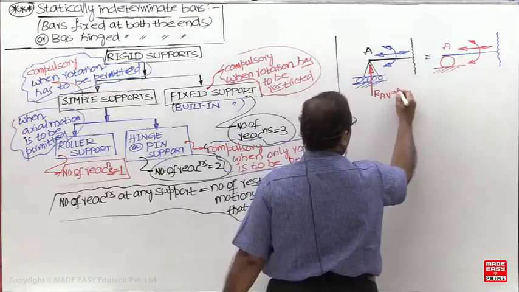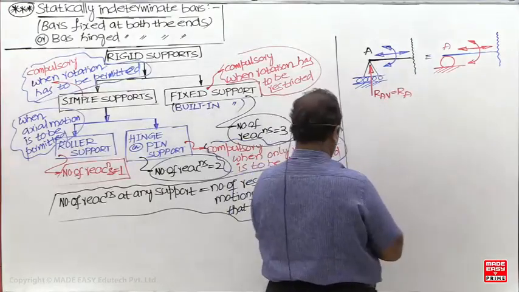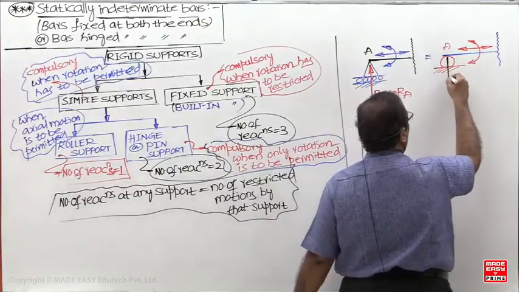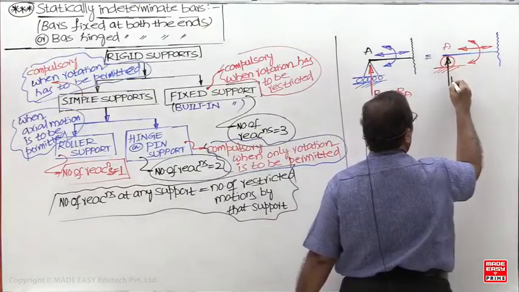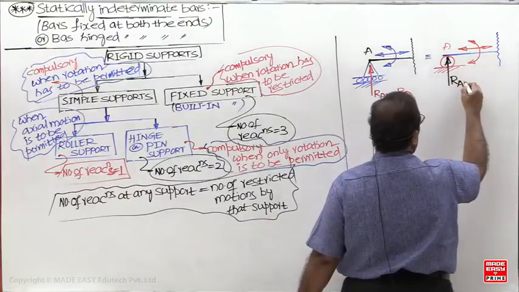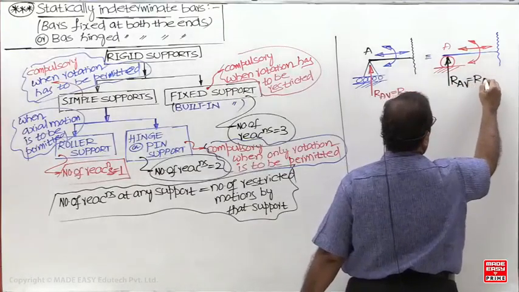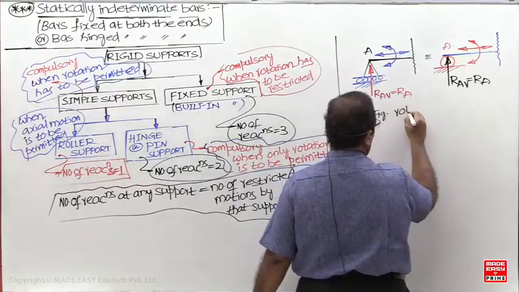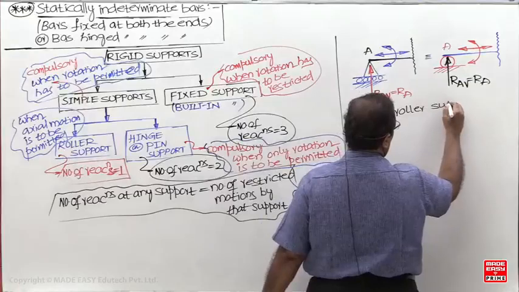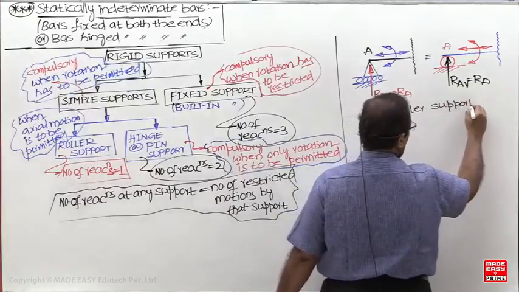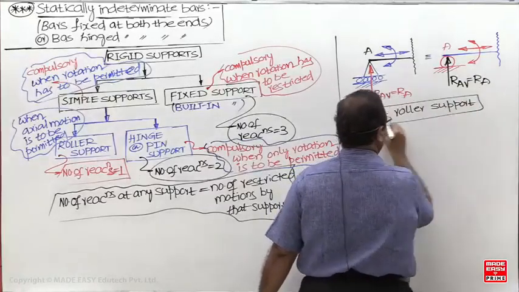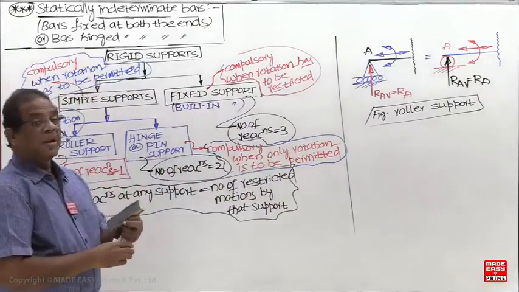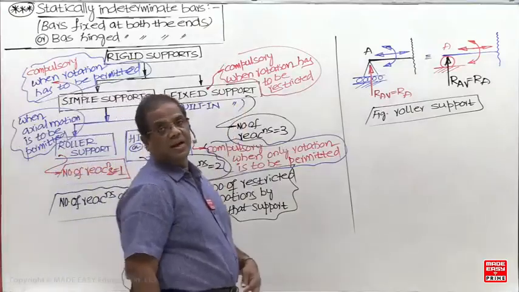Since only one reaction, directly we can write Ra. So the number of reactions at a roller support is 1.